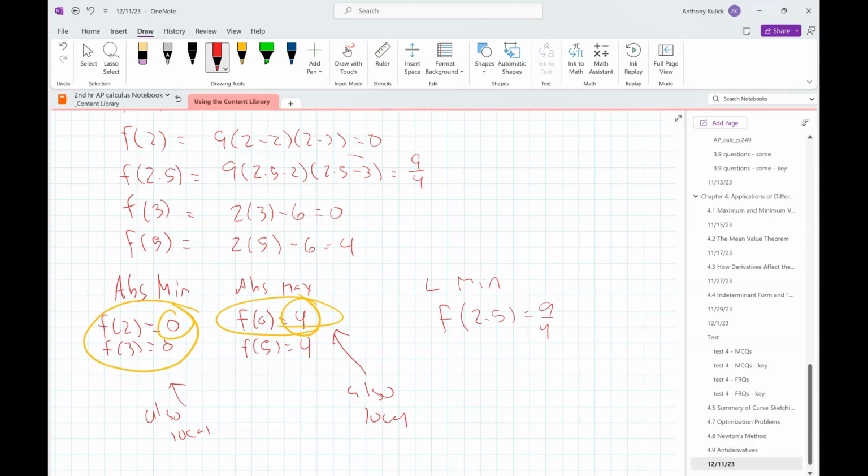So we knew that f of 2.5 was a local minimum because the second derivative was positive. Correct. Because the second derivative is positive. So then doesn't that mean that we would have to plug in the negative? I'm not doing an interval.